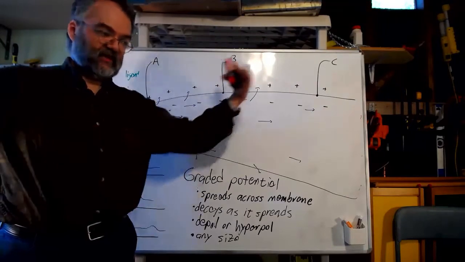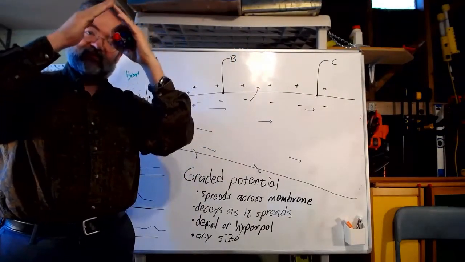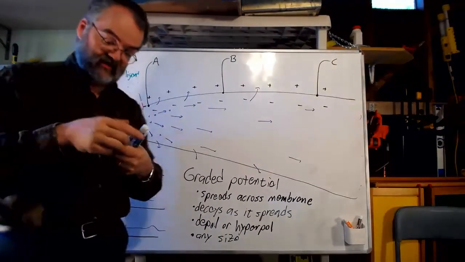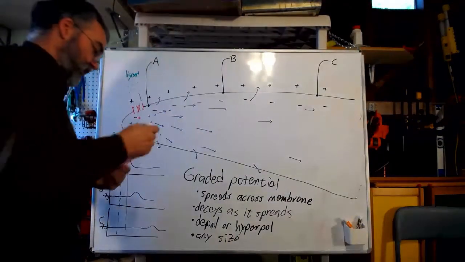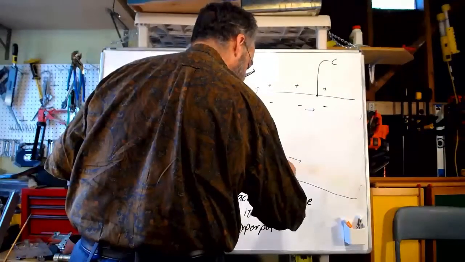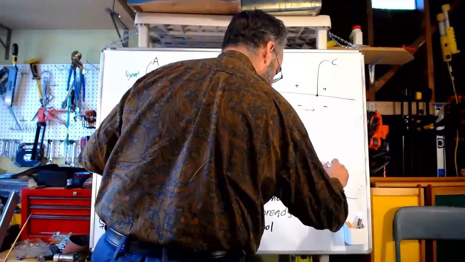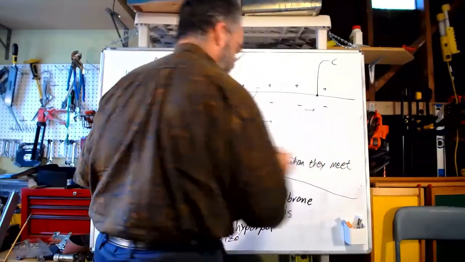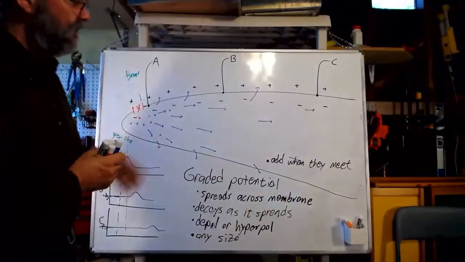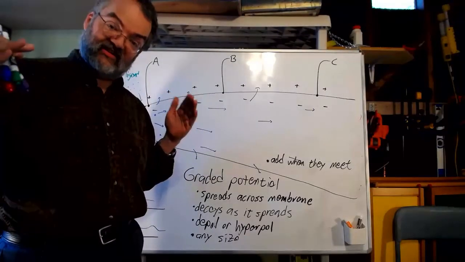So just like if I have a ripple coming one way and a ripple coming the other, the effect when they meet is the two of them added together. Graded potentials are the same way. They add when they meet. That's an important characteristic. So they can't spread forever, but when they meet, they add together.